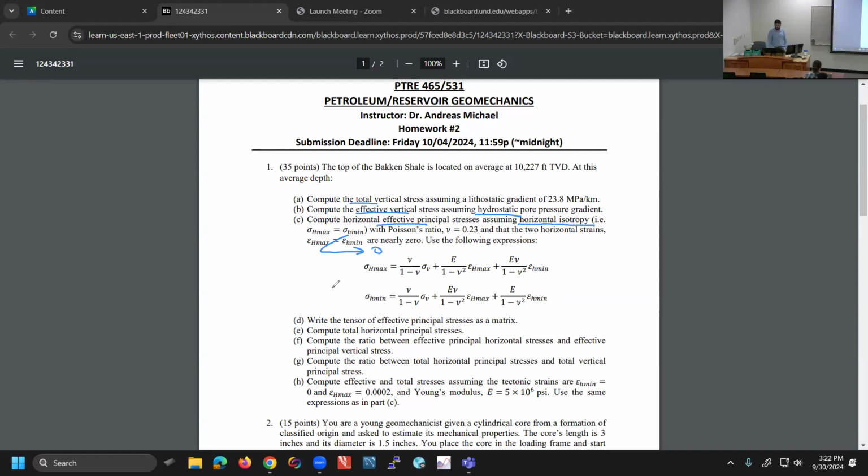Use the following expressions. It even gives you the equations. You have calculated this from before, above, and then you know what this is. So you can find the effective principal stresses.